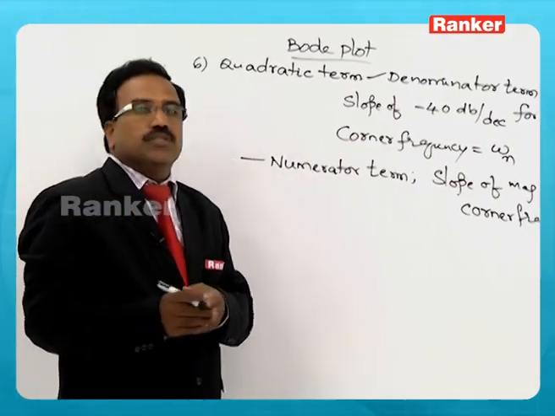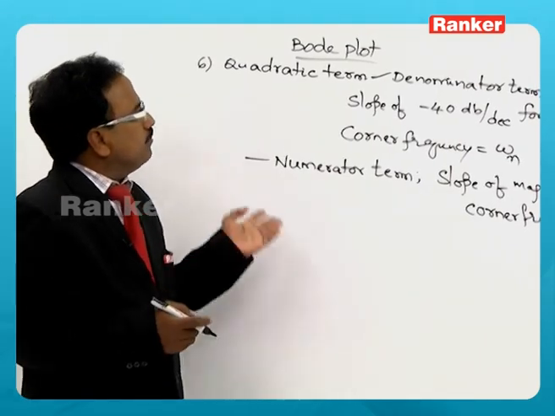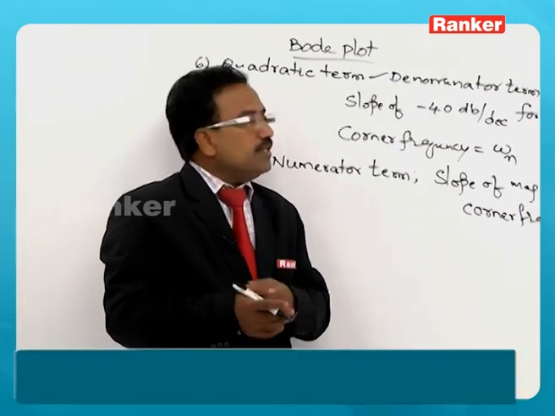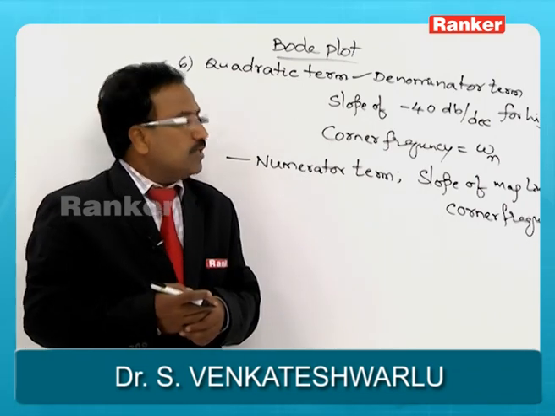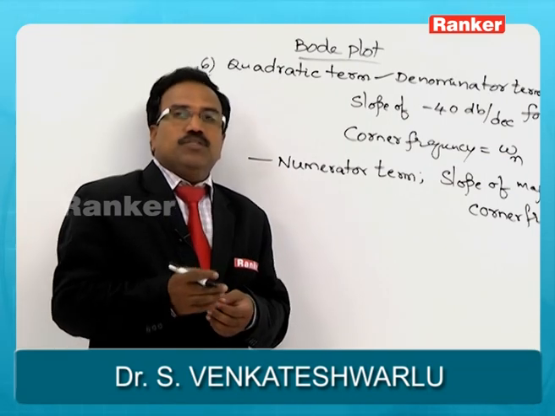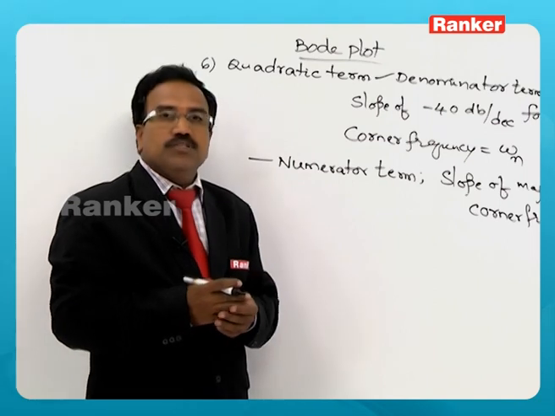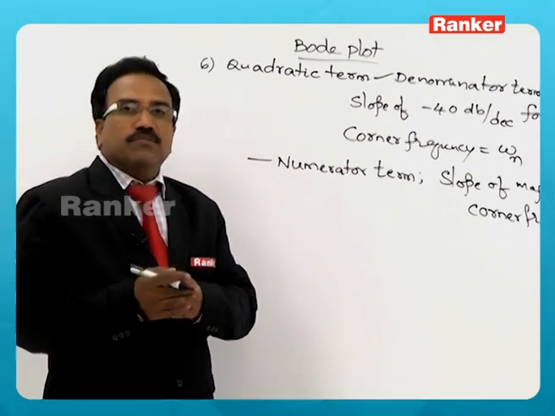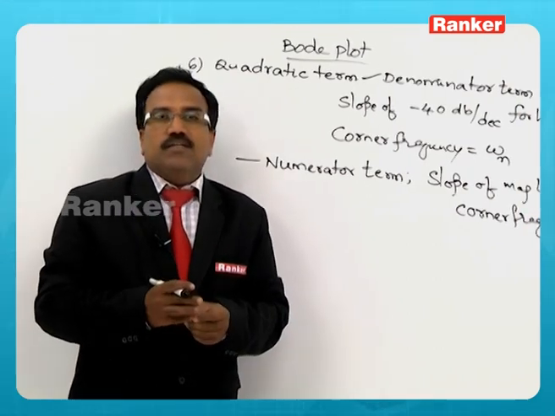So not much changes in the magnitude plot even if it is a second order term, because only the slope changes. If it is a denominator term, minus 40 dB per decade; if it is a numerator term, plus 40 dB per decade. Drawing the magnitude plot this way is a little complex because you need to convert the magnitude into decibels. So you apply 20 log and then take the frequency on a log scale, and the magnitude plot is to be constructed in this fashion.